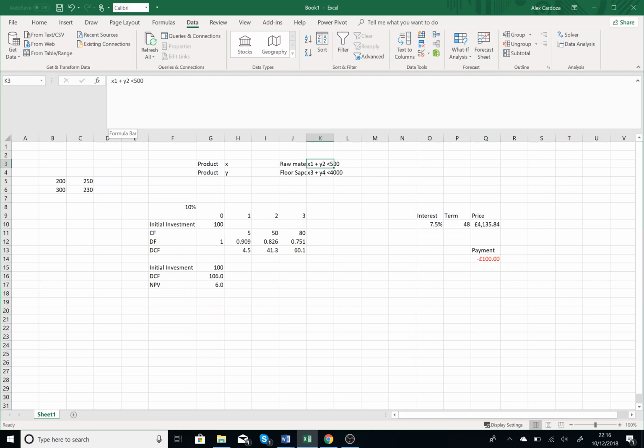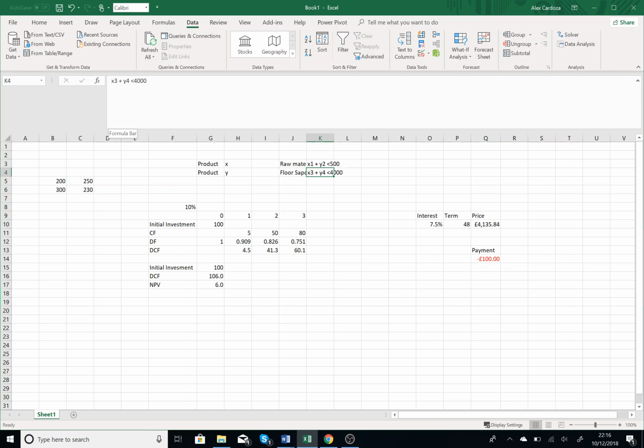That's how much X uses of the raw material in this case, and of the floor space, or whatever we're looking at. X uses 1, Y uses 2 per unit, and of the floor space X uses 3 and Y uses 4. So for every unit of X produced, you use 3 of floor space, and every unit of Y you produce, you use 4.